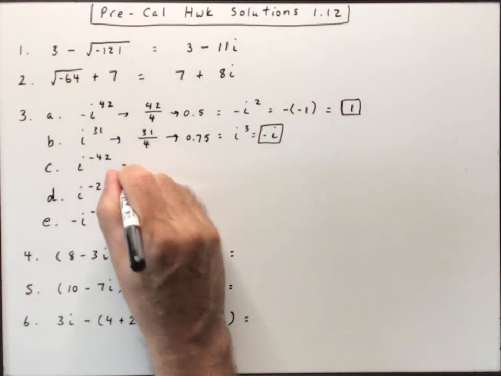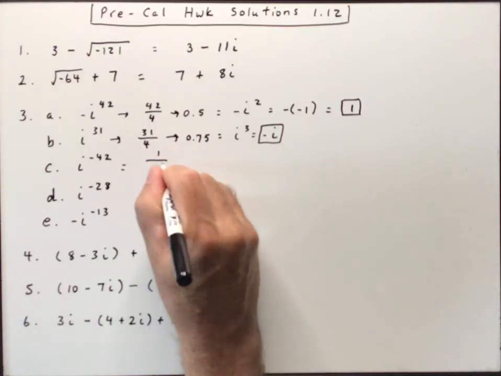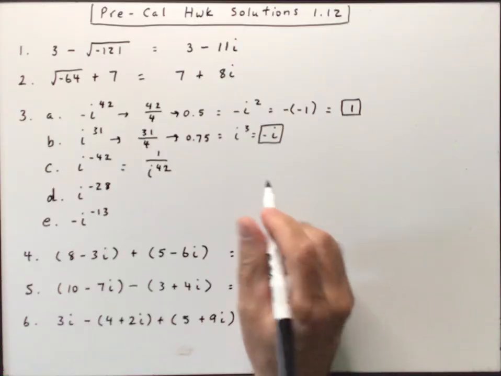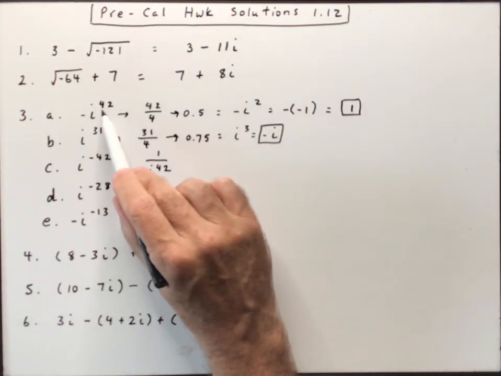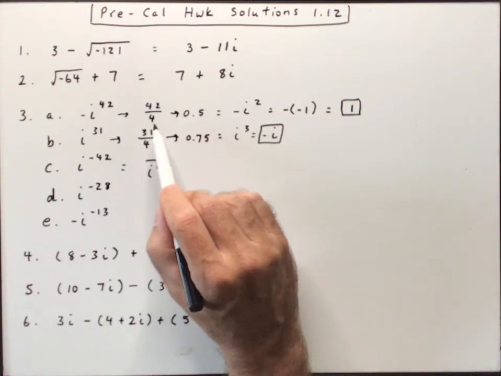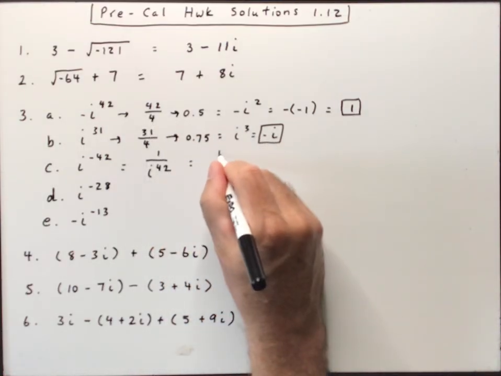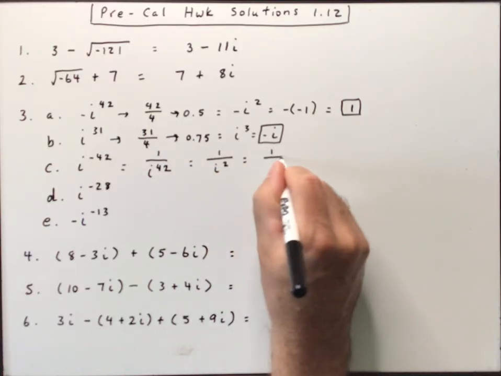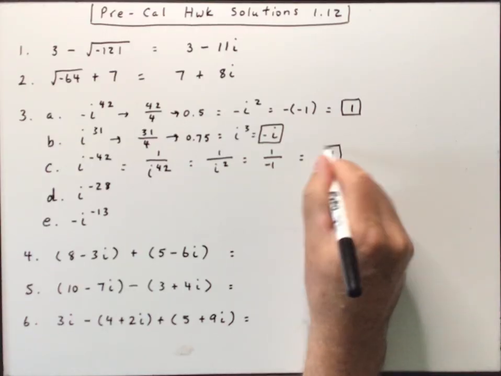Okay, so part C, since it's negative 42, that's the same as 1 over i to the 42nd power. We figured out that i to the 42nd power up in part A is the same as i squared. So this is the same as 1 over i squared, which would be 1 over negative 1, which is negative 1.